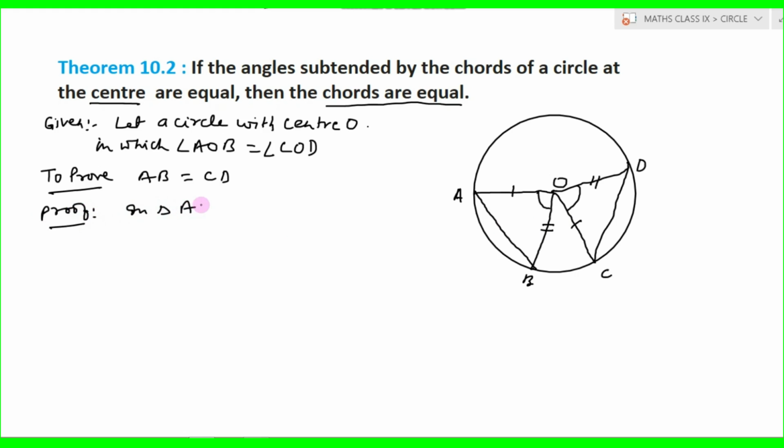In triangle AOB and triangle COD, here we find OA equal to OC, meaning this side of triangle AOB is equal to this side of triangle COD. Why are they equal? Radii of the same circle. You have to always write the reason why they are equal.